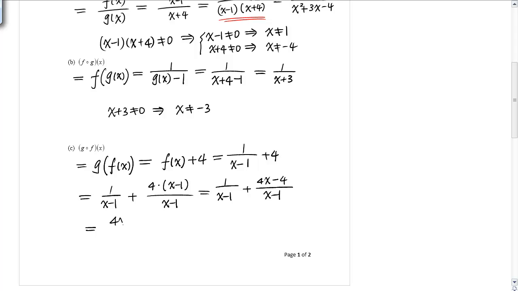That will be (4x minus 3) over (x minus 1). And again, the domain is determined by the denominator cannot be 0, so x minus 1 cannot be 0. Therefore, the domain is x cannot be 1.